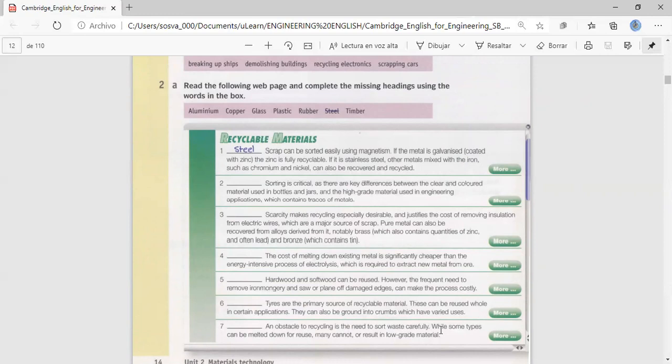Do you know the meaning of all these materials? Well, I don't remember timber. Timber, it's wood. A synonym of wood. Well, timber is the wood that is made into structures like rectangles, like the ones that construction workers use.